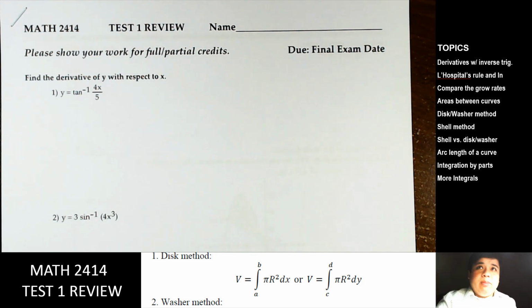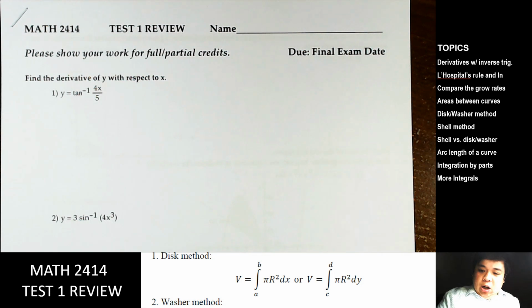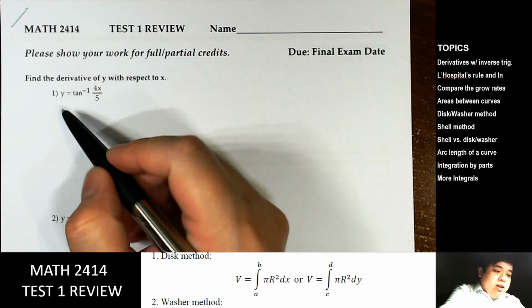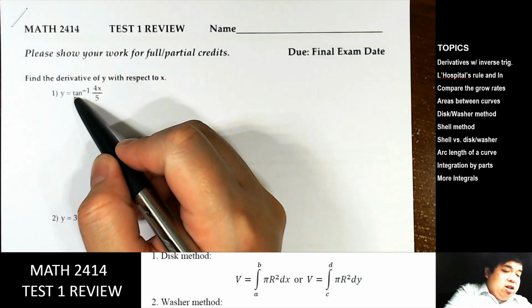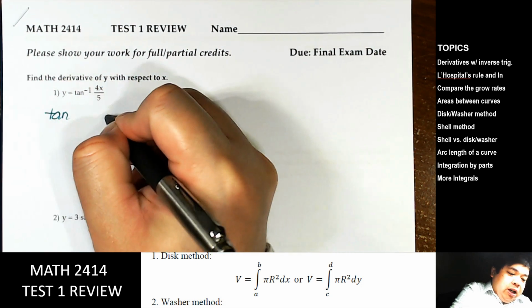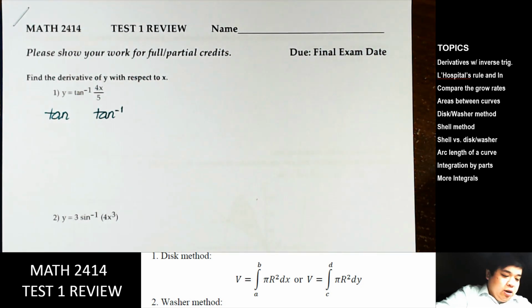Right, let's start. So first, we will find derivatives that involve inverse trigonometric functions. So something like this. The first thing we do is take the function tangent on both sides, because a function will cancel the inverse. So we do that on both sides.